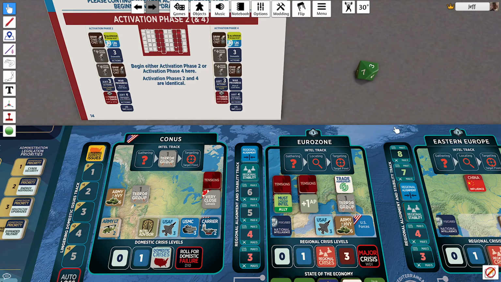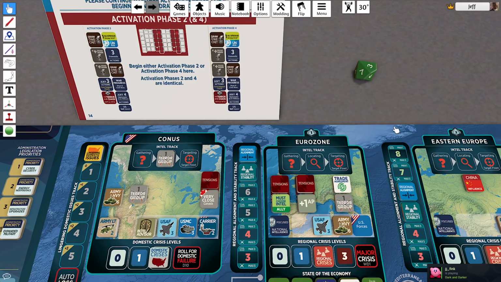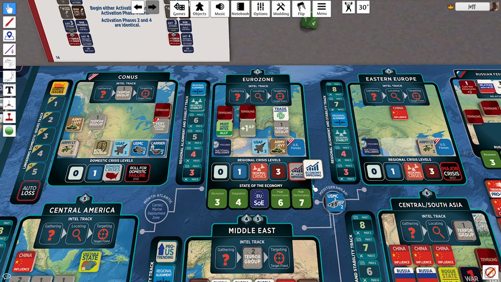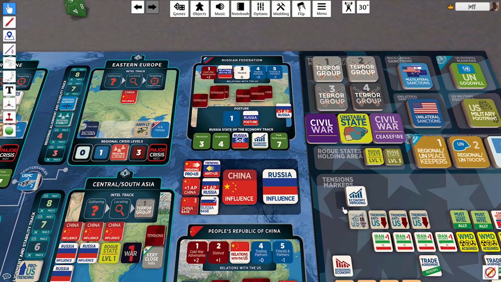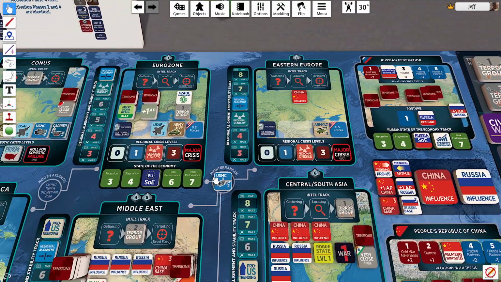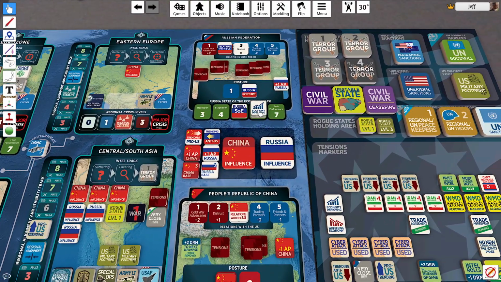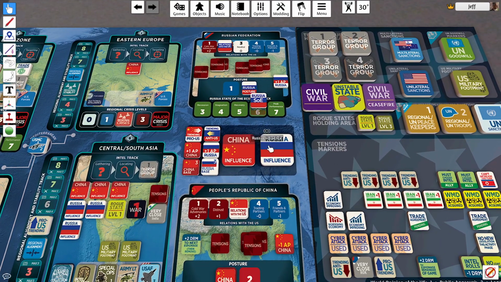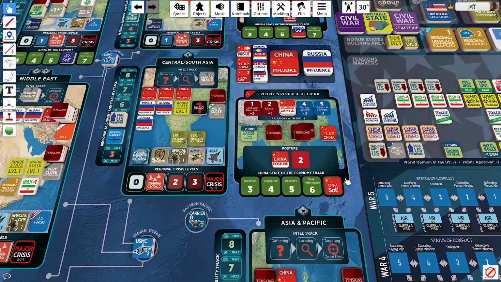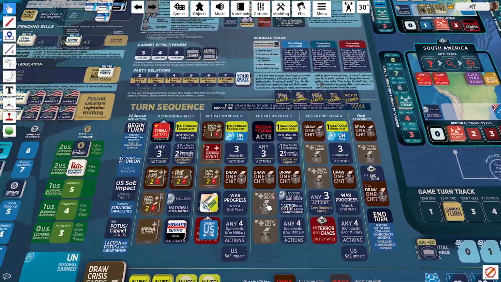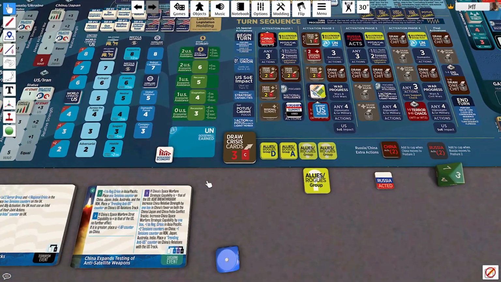We rolled a 3. Everybody gets economy improving. So they move up. Russia moves up. Oh, get me in there. China's already there. And we lose our marker. Well, that's good.